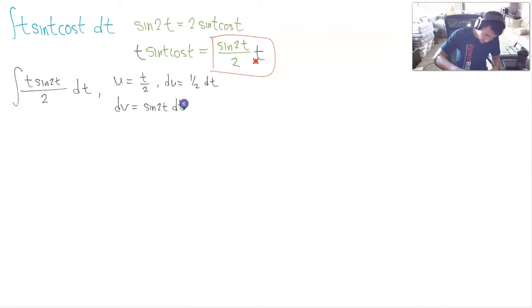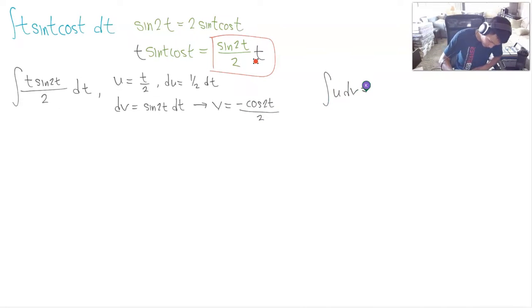And then v is the integral of that, which is just going to be negative cosine 2t divided by 2. Remember the integration by parts formula? It goes like this: the integral of u dv is equal to uv minus the integral of v du.